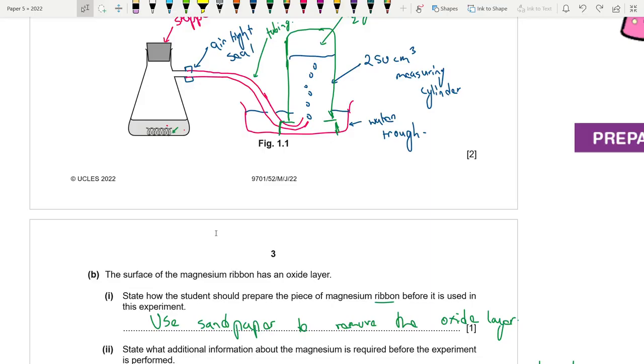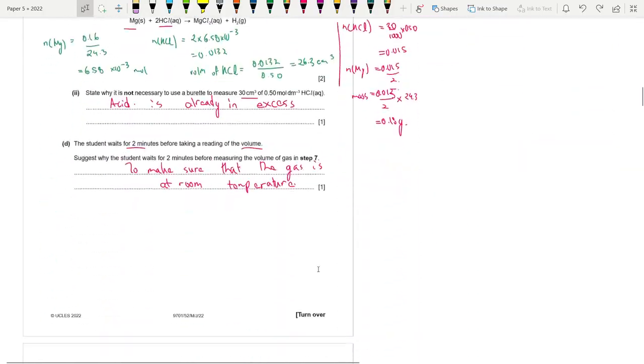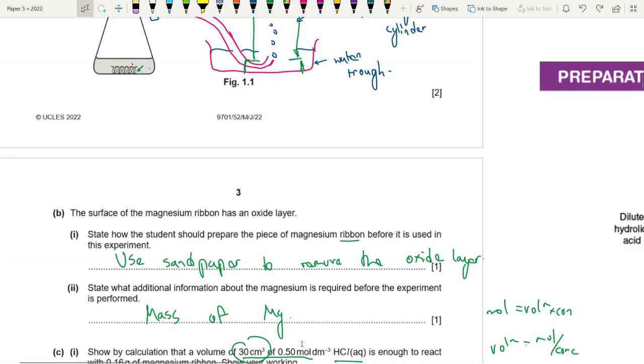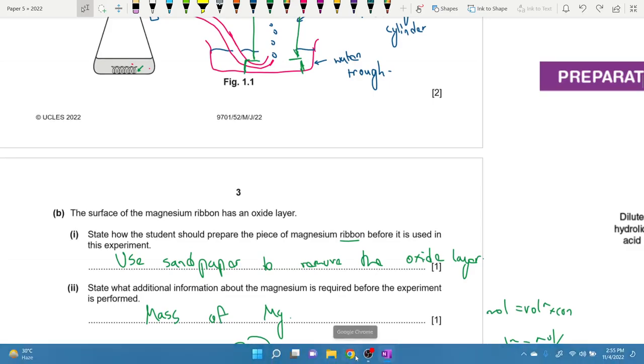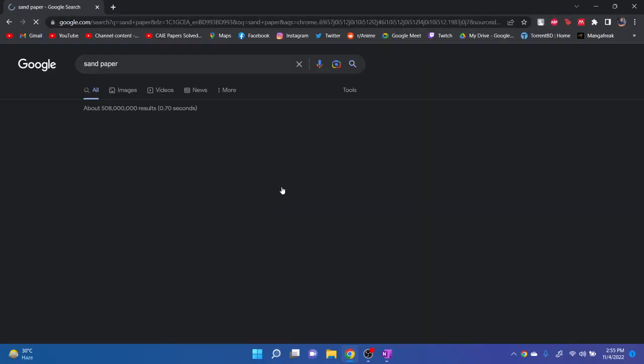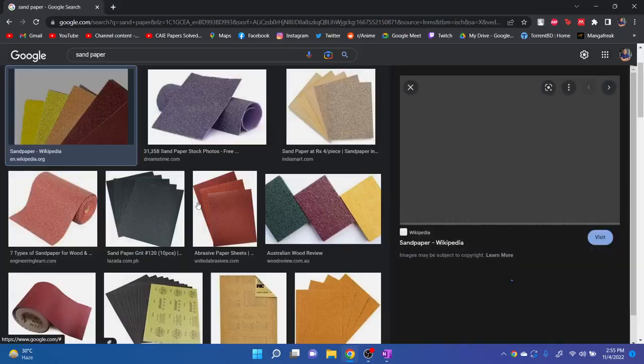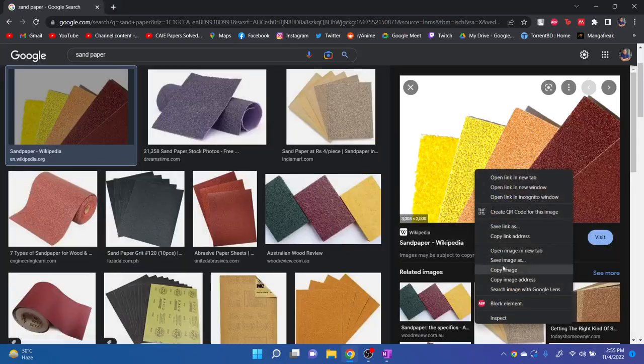So we typically use sandpaper and rub the magnesium ribbon with the sandpaper to remove the oxide layer. I'll tell you what sandpaper is exactly. Check this, wait. This is what sandpaper looks like.